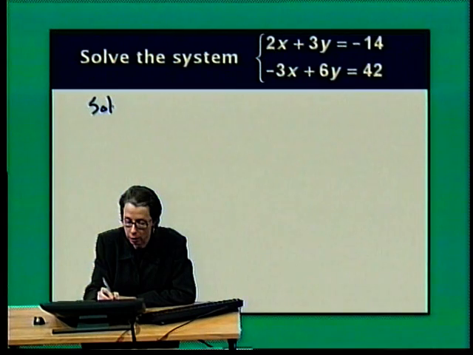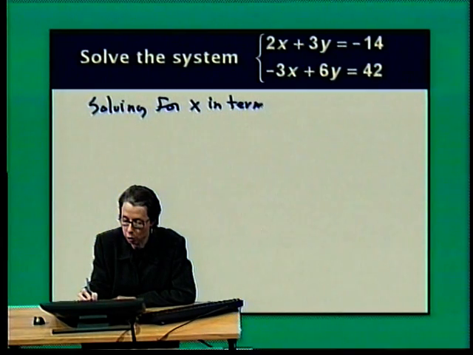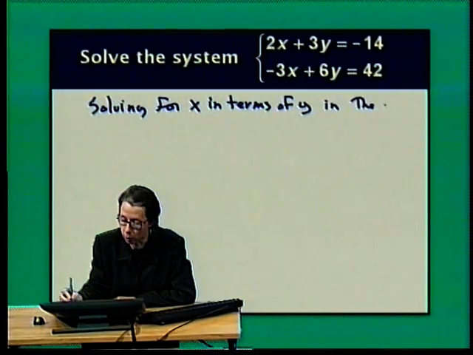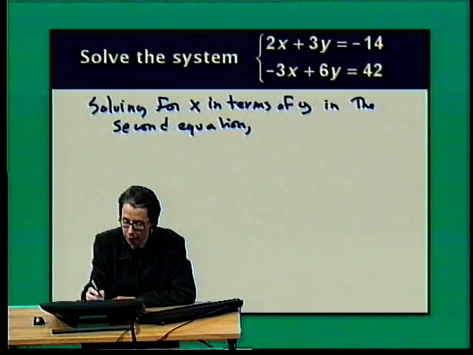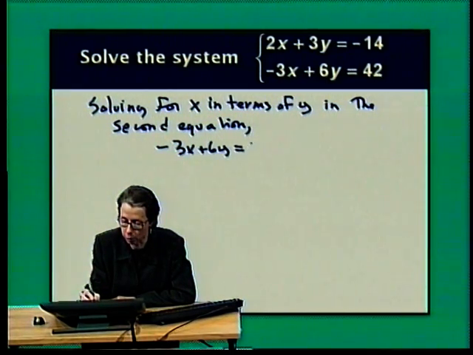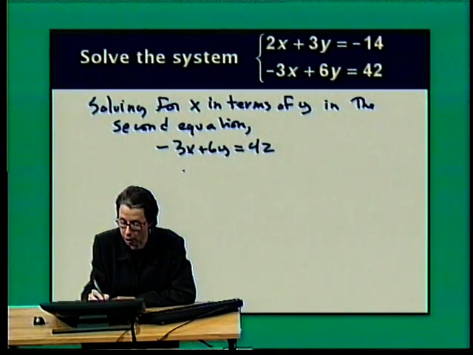So solving for x in terms of y, in the second equation, I have the opposite of 3x plus 6y equals 42. I can subtract 6y from both sides.